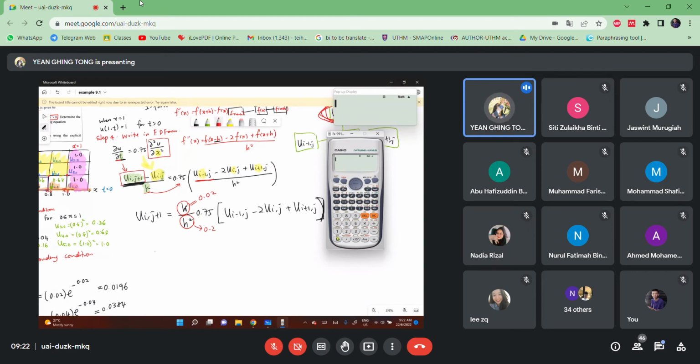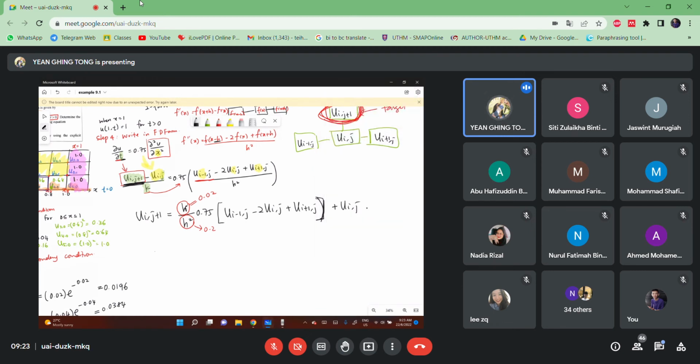Okay, start with 0.002 times 0.75. Lepas tu bahagi dengan 0.2 square. So you get 0.375.